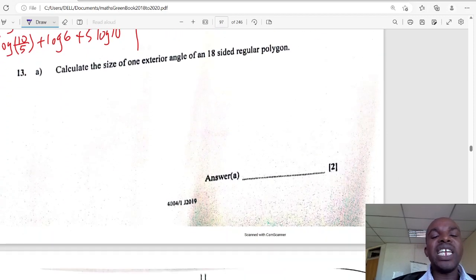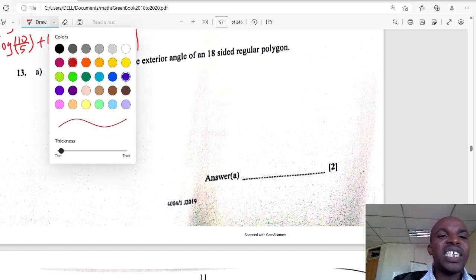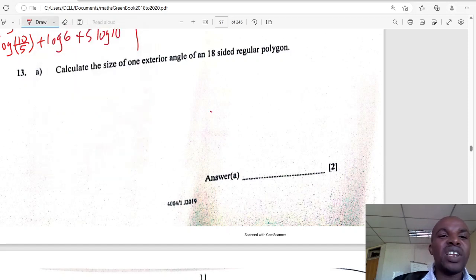Next, calculate the size of one exterior angle of an 18-sided regular polygon. Right, we want the size of one exterior angle. The sum of exterior angles of any polygon, that's what you have to know, is 360 degrees.